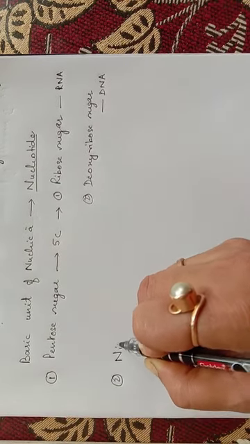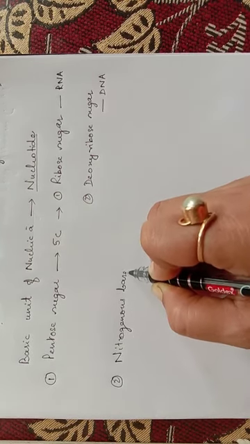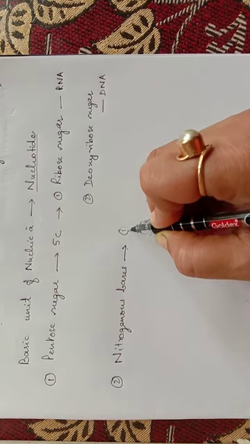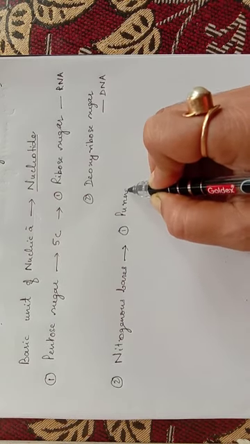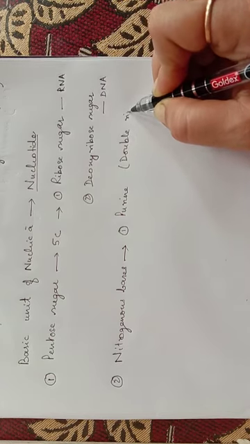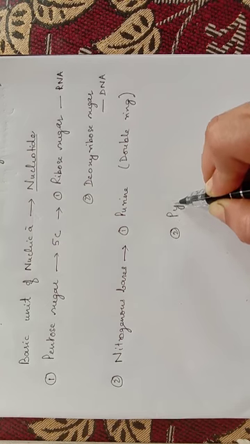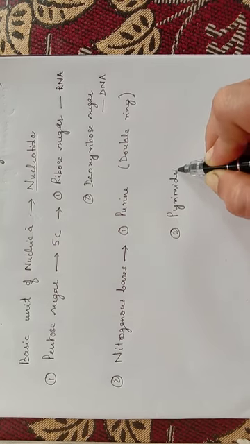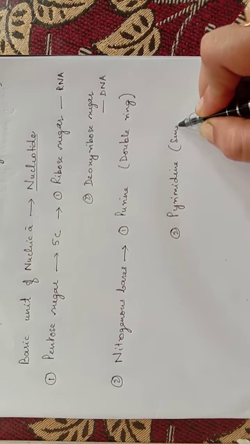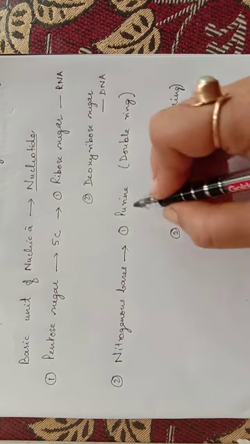The next molecule is nitrogenous bases, which are of two types, purine, which is a double ring structure, and pyrimidine, which is a single ring structure.